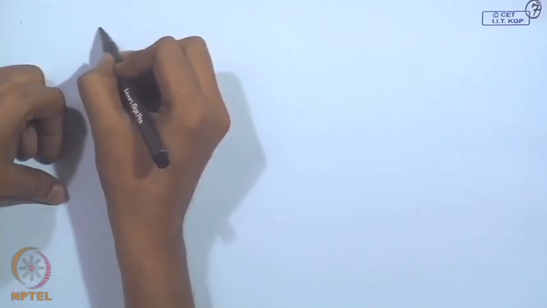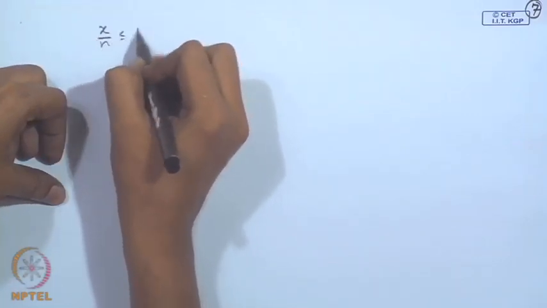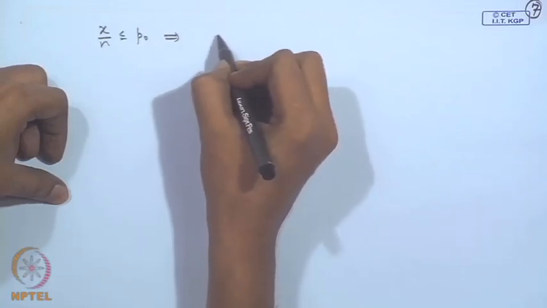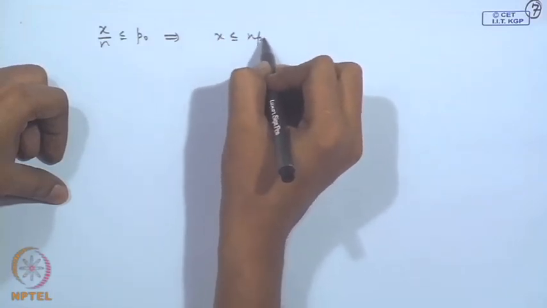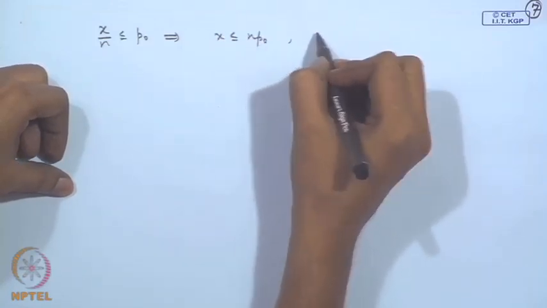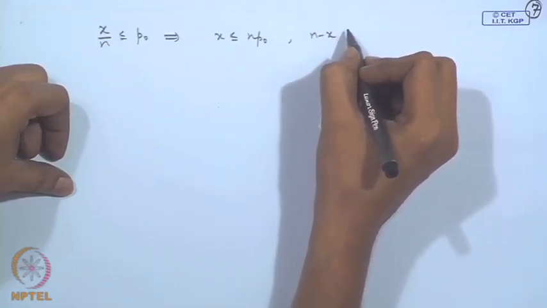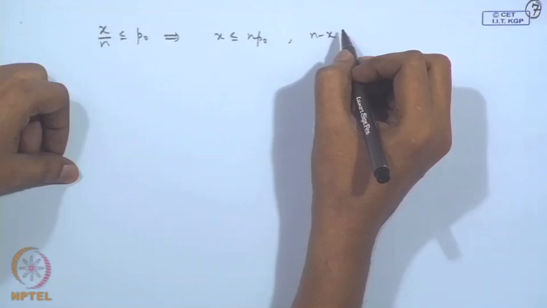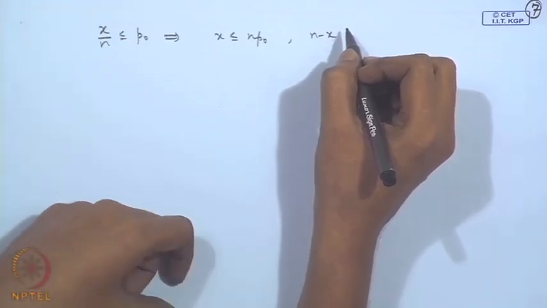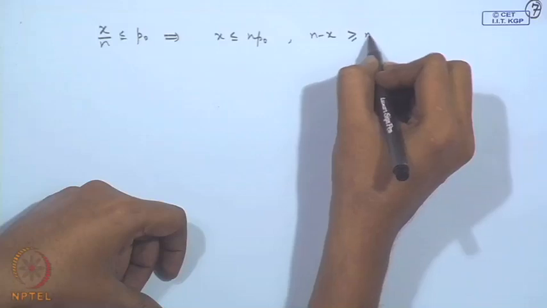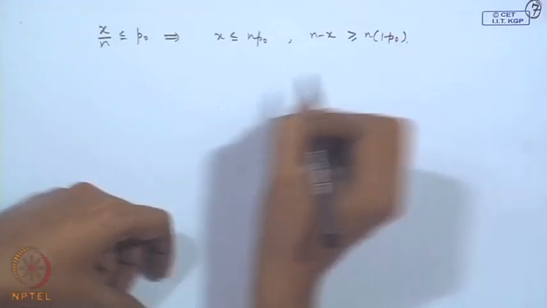Now, we have chosen that x by n is less than or equal to p naught. This implies x is less than or equal to n p naught and n minus x will be greater than or equal to n into 1 minus p naught.